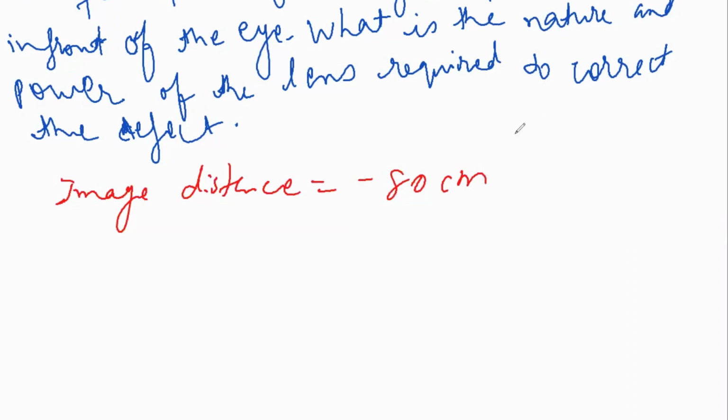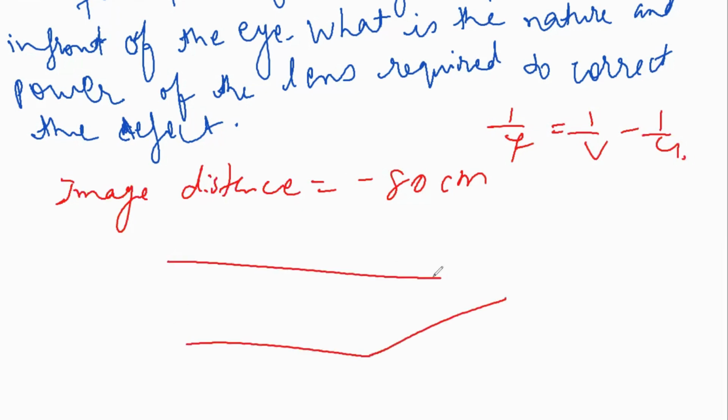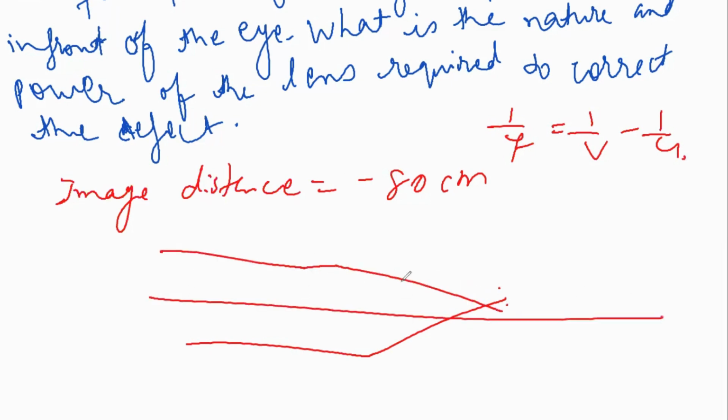What is the formula of f? 1 upon f equals 1 upon v minus 1 upon u. Our light is coming in this direction, and the object is on the opposite side. If we go opposite to the light direction, it becomes negative.